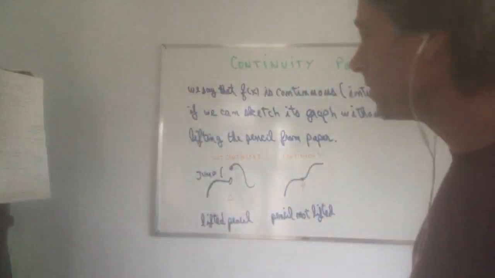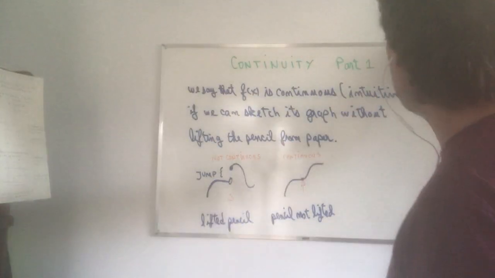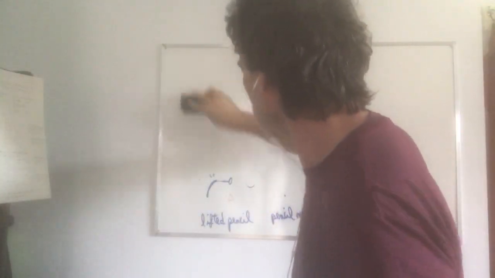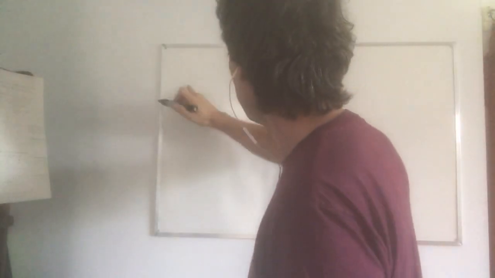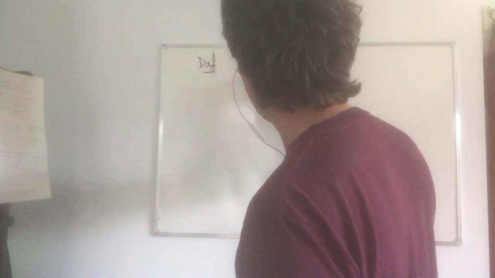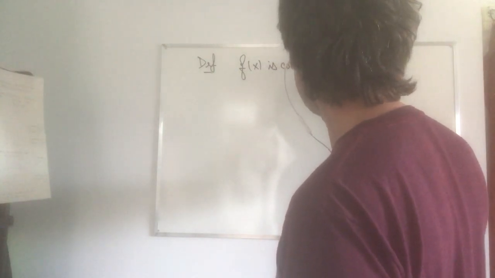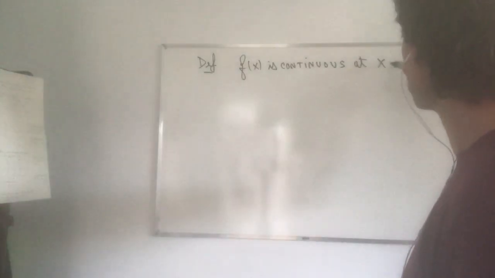So let us see if we can give a definition of continuity. I will erase this. And here comes a definition of a function being continuous at a point. Definition: f of x is continuous at a point x equals a.